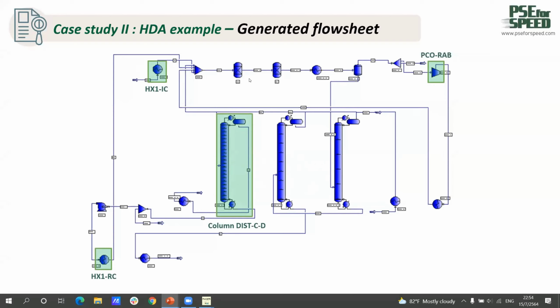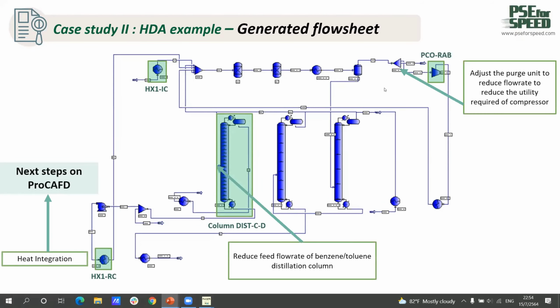Yeah, so these 4 units can be considered. And then in order to reduce the compressor duty, something needs to be done with the first unit to reduce the flow rate of the compressor, as well as in the distillation column. If the feed flow rate is decreased, the reboiler utility can be decreased also.